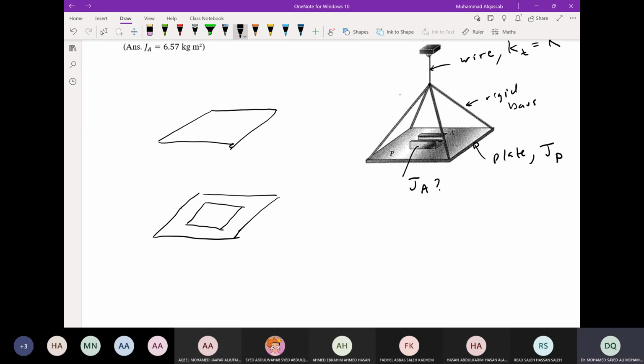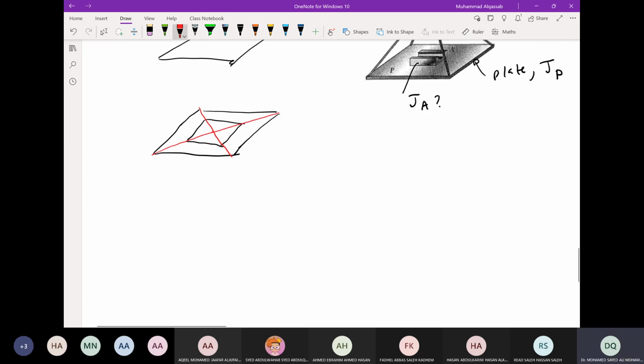The center point of the object A lies on the center point of the plate. So if you draw the diagram, the center of gravity of the plate and the center of gravity of the object coincide.